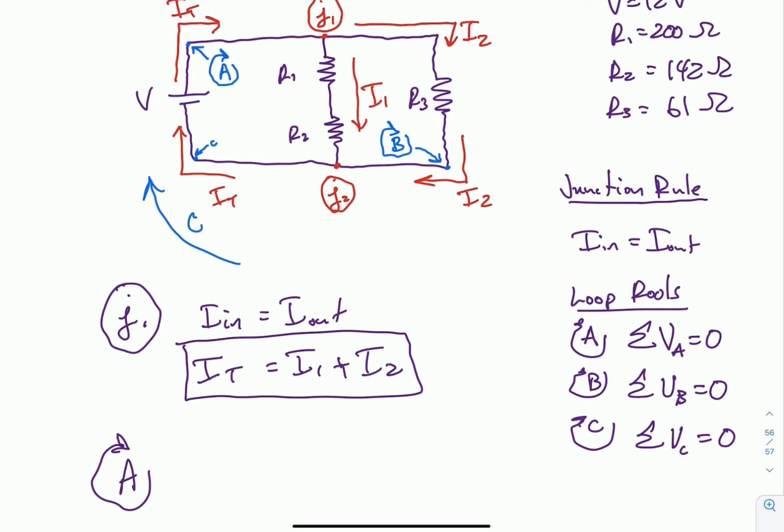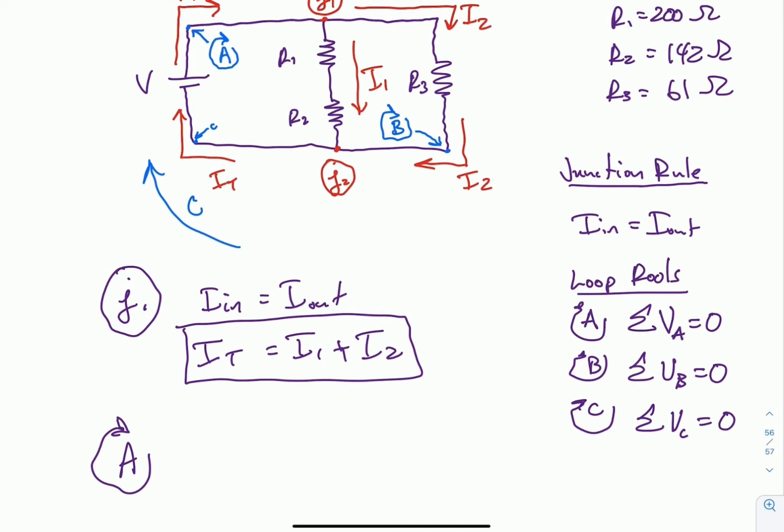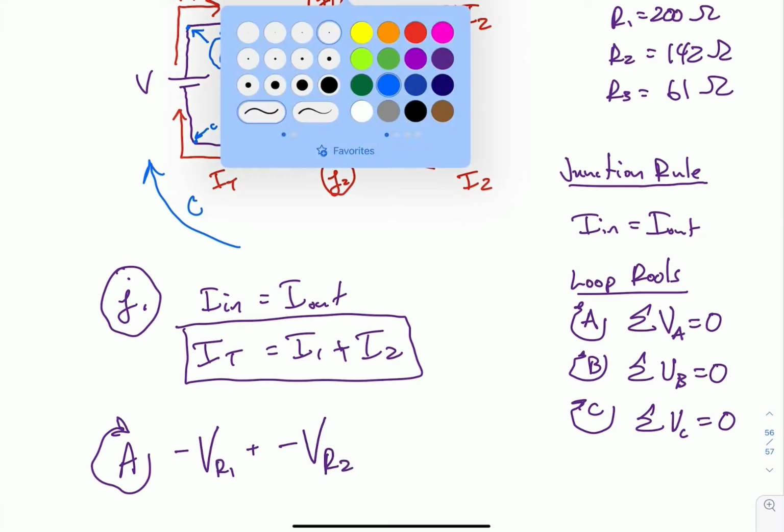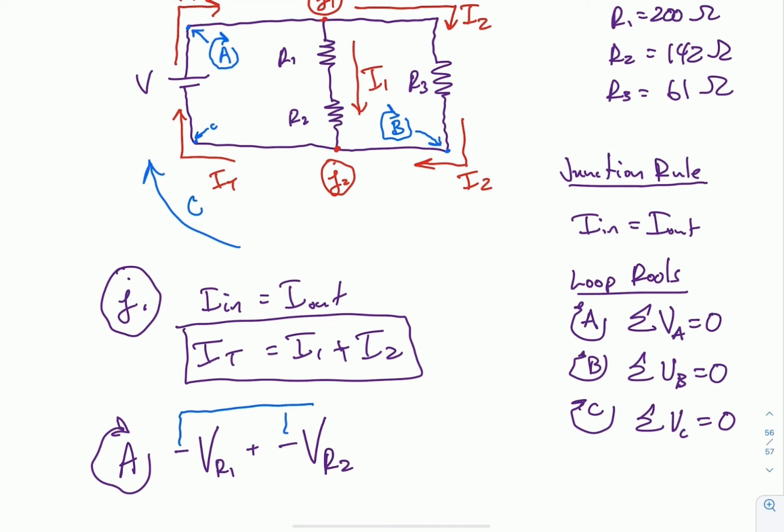So I'm going to show this in steps even though you don't have to do this necessarily. So we know that we'll have negative V through R1 plus a negative V through R2, and we're getting those negatives because we're following I1 through R's.